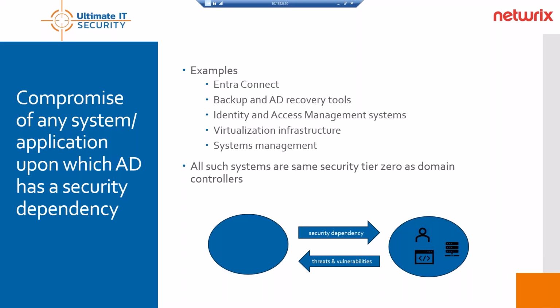What I'm trying to do is give you enough examples for you to really see what is a security dependency, and the fact that, and this is not specific to Active Directory, right?